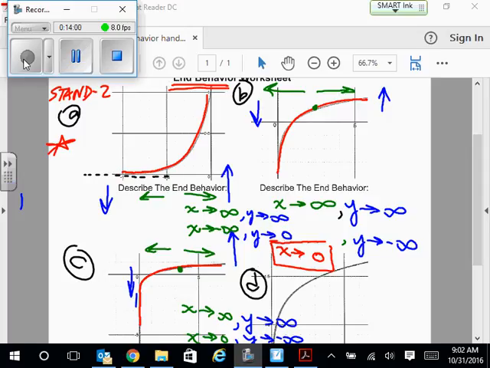I'll say it for this case, so it can be simplified. All right, write down the following. We're on standard 3.